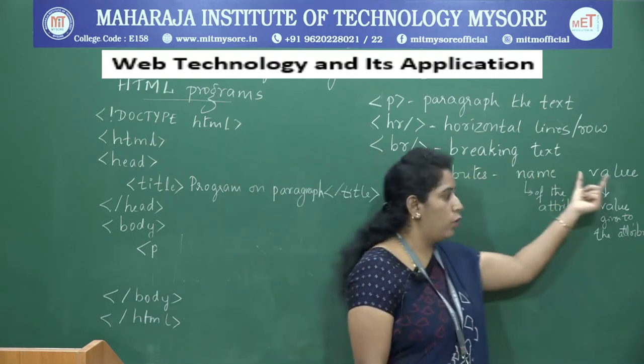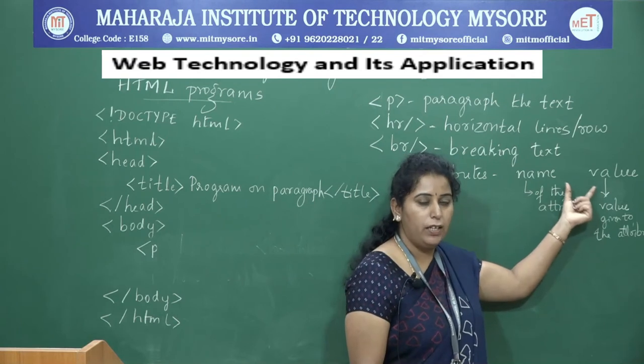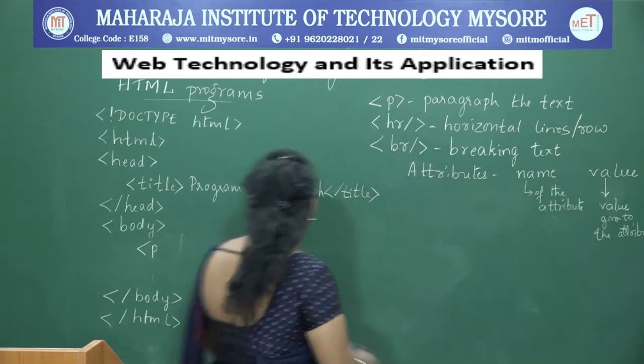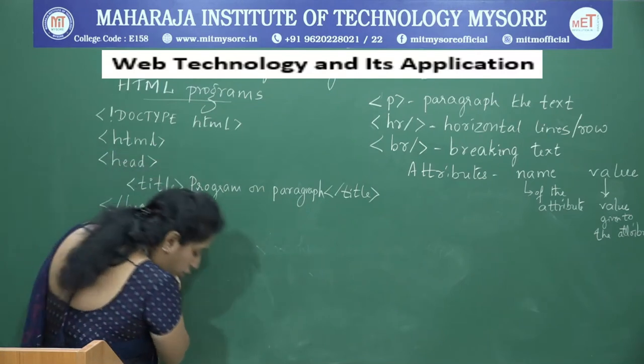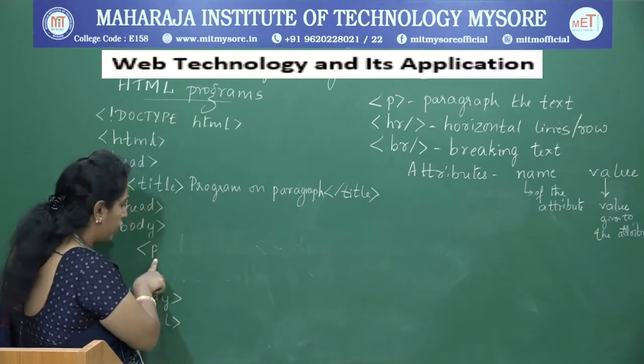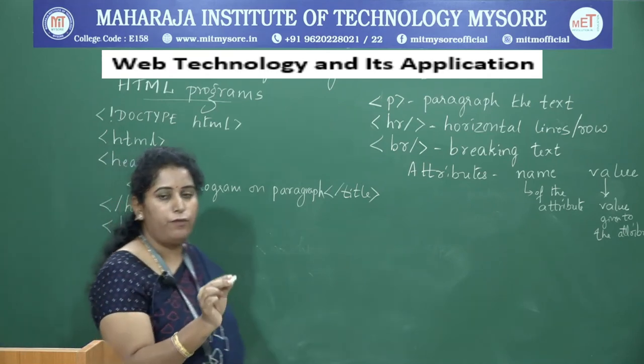And one more point, values should always be enclosed between double quotes. So this is the opening tag, and I am going to use an attribute here. Since P stands for paragraph, right?